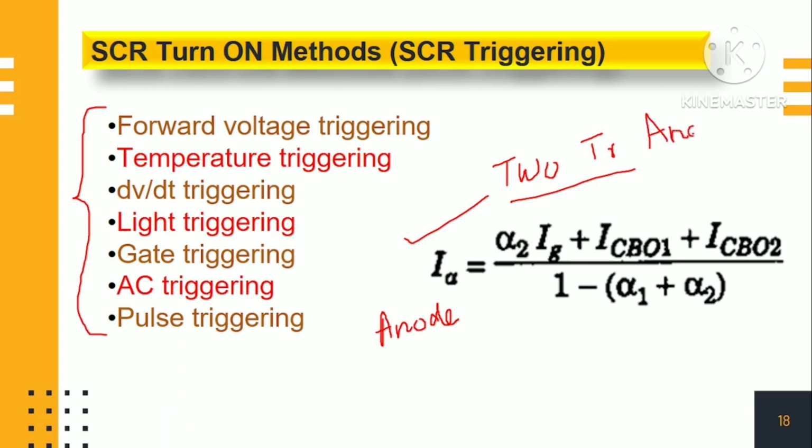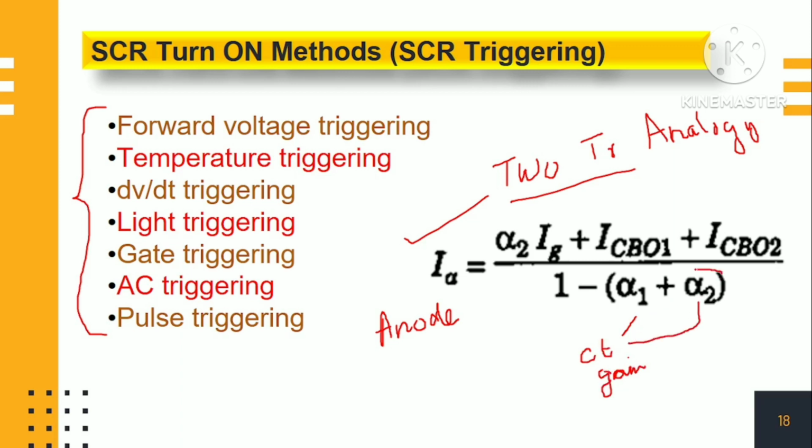Note that in the denominator we have the term 1 minus (alpha 1 plus alpha 2). Alpha 1 is the current gain of the first transistor, and alpha 2 is the current gain of the second transistor.